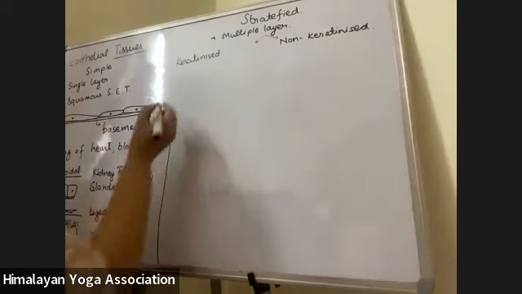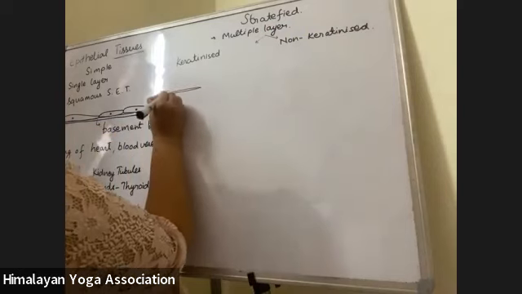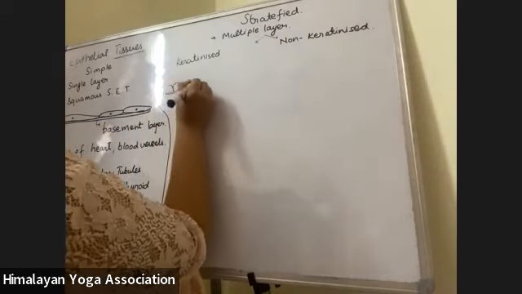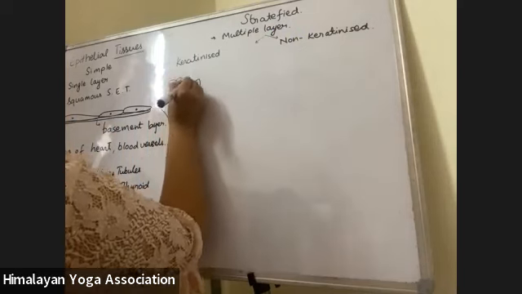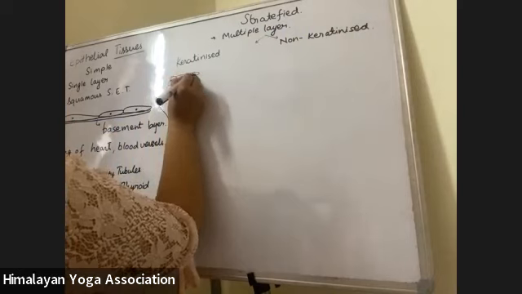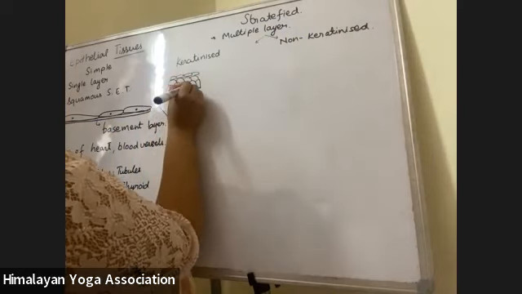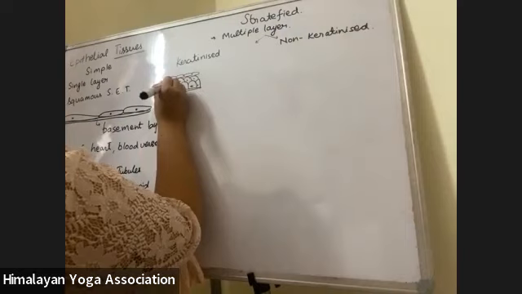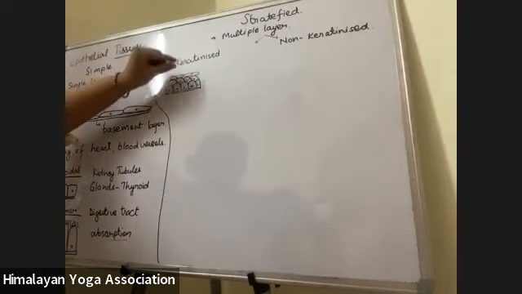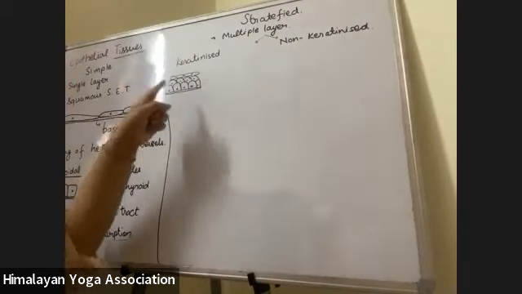Suppose this is a basement layer and we have this kind of structure. In keratinized, the topmost layer of cells will not have a nucleus.